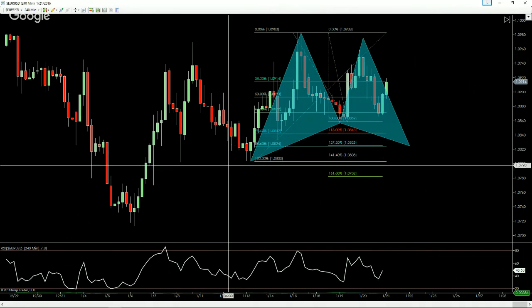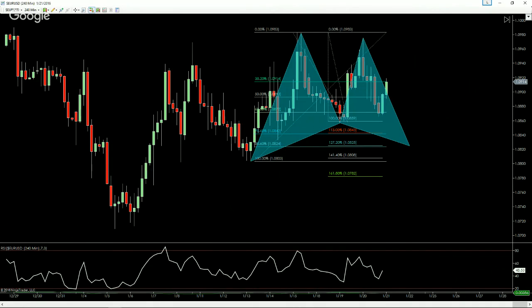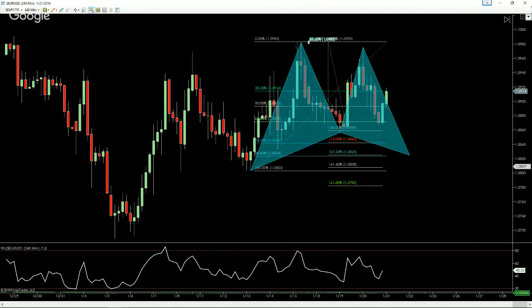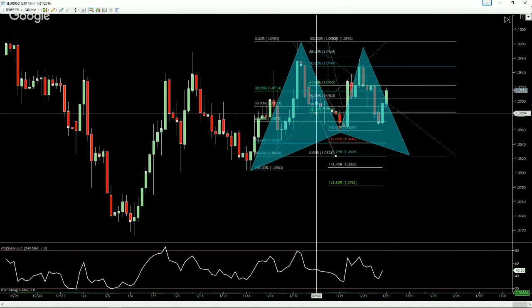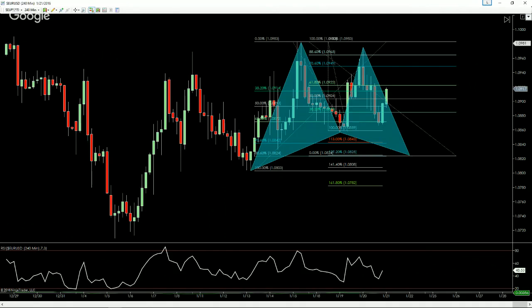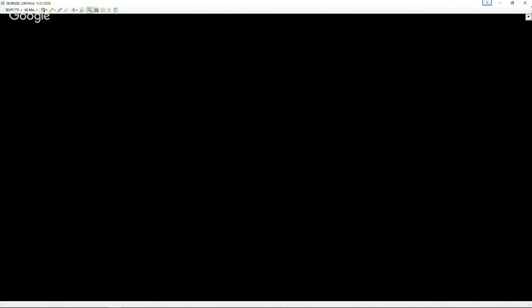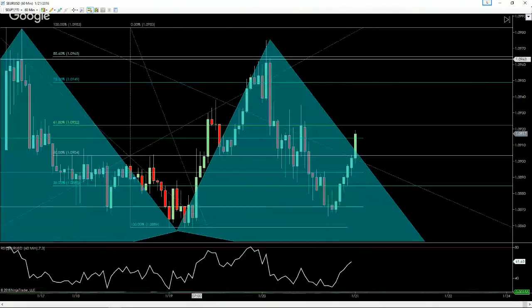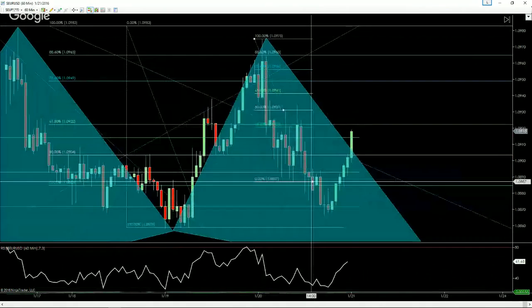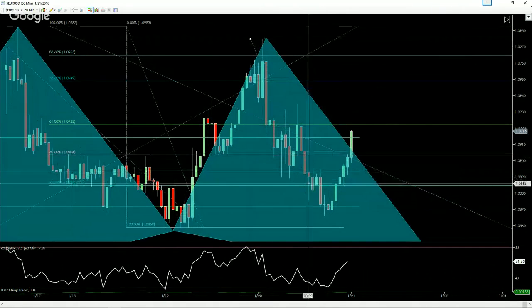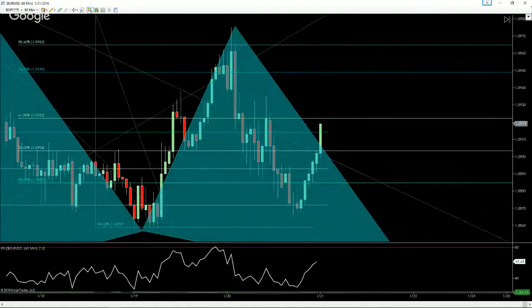Of course, we have our stops below the X level. Targets, first targets will be on the 382 retracement and the 618 second targets, about 60 pips for first targets.